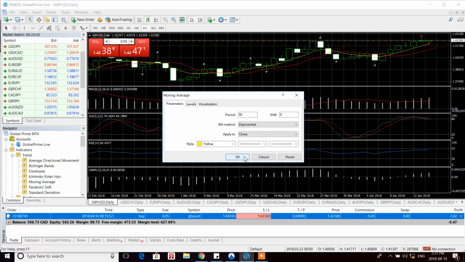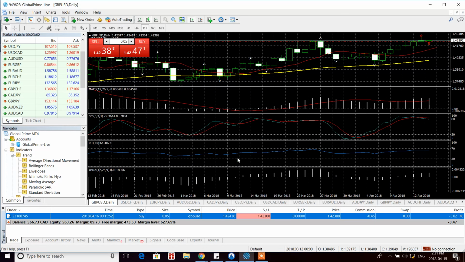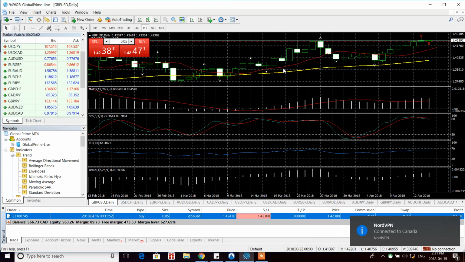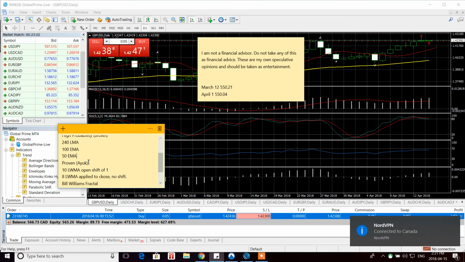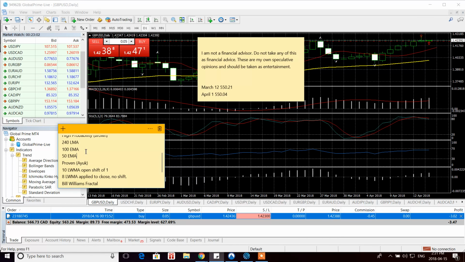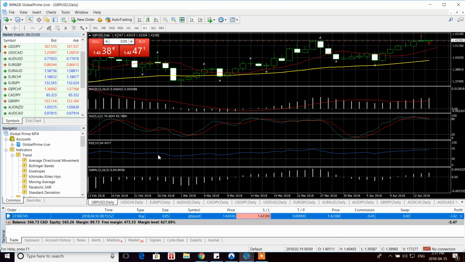And I'm going to make it thicker, because that's going to be my slowest moving average, the 50 EMA. Okay, then we're going to need the 100 EMA. We'll turn this one into the 100 EMA.